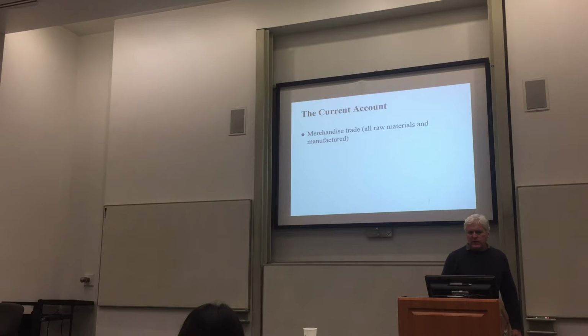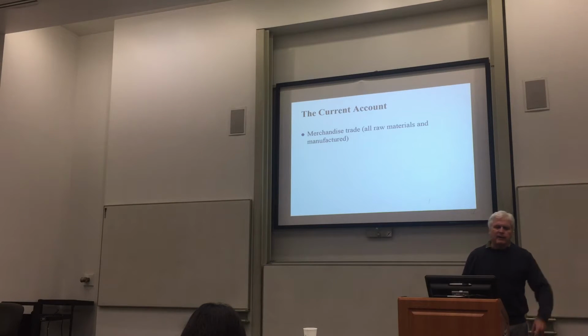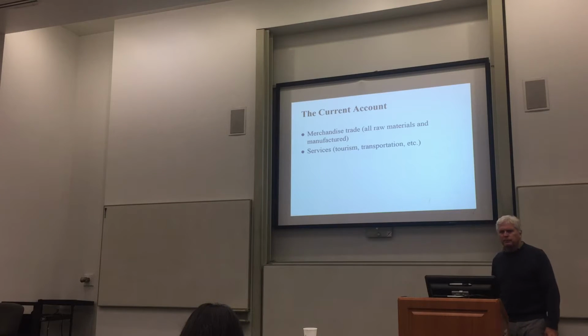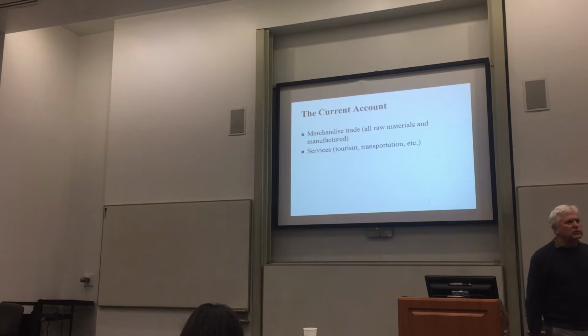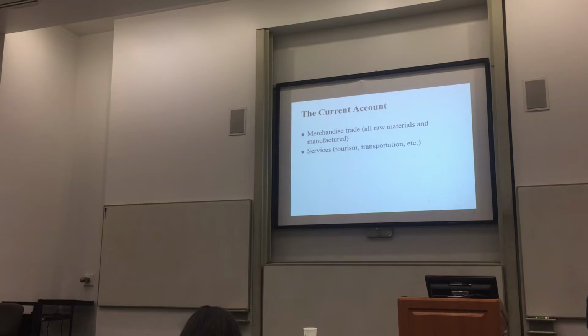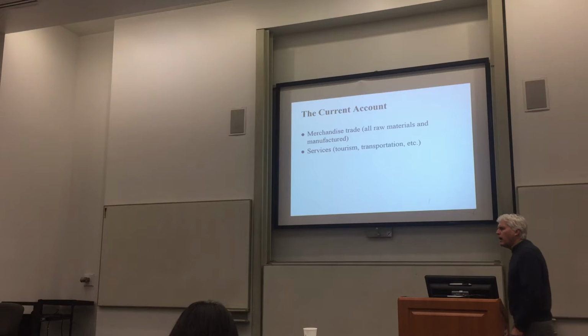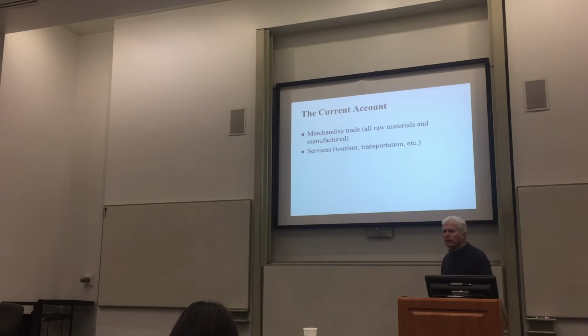So the current account includes all the merchandise trade. So that would be raw materials, manufactured goods. The current account also includes services, and services include tourism services. So if you go to London for the holidays and stay in a hotel room there, you will be consuming a service.